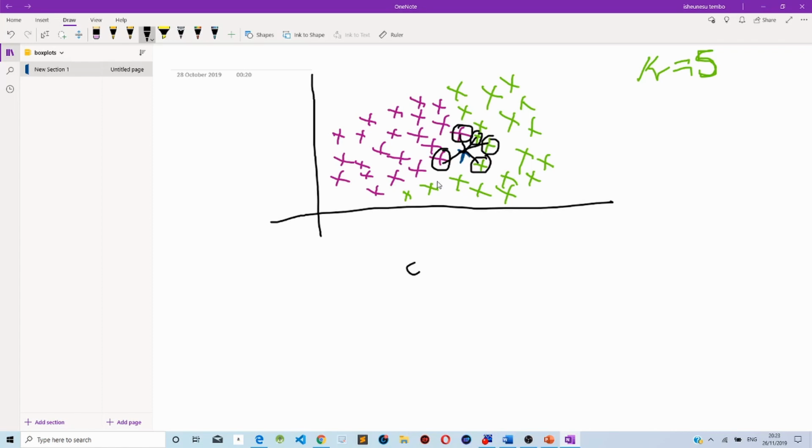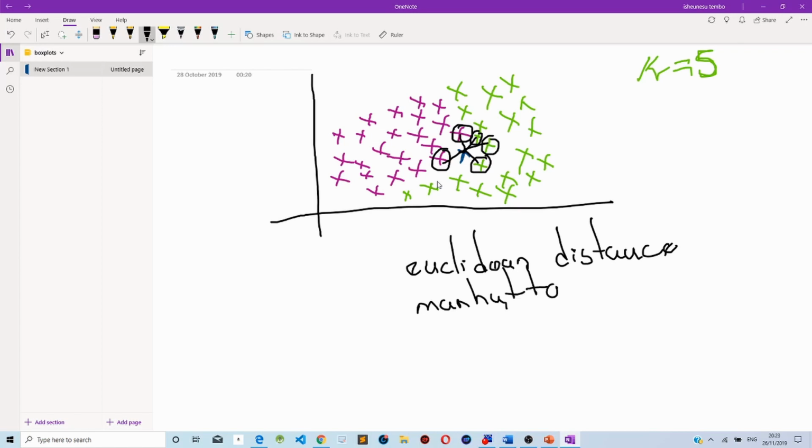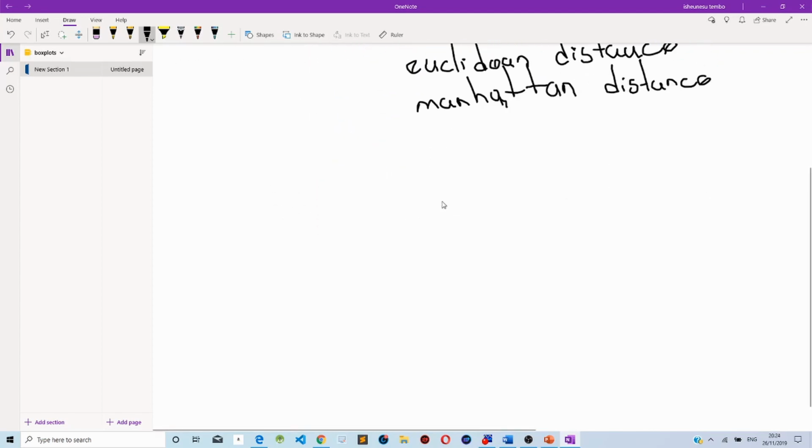We have what we call the Euclidean distance and the Manhattan distance. So let's first take a look at the Euclidean distance.